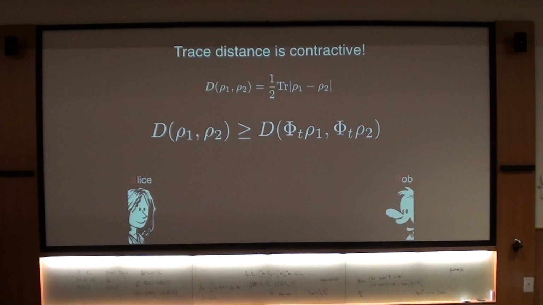Consider two initial states of a quantum system, rho 1 and rho 2. Trace distance is contracting, meaning that the distinguishability between any pair of states is greater than the distinguishability of the evolved states. Because remember, phi t now is my dynamical map, so it's completely positive and trace preserving. This happens for the action of any quantum channel.